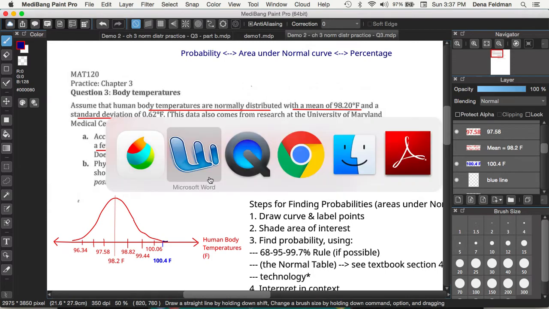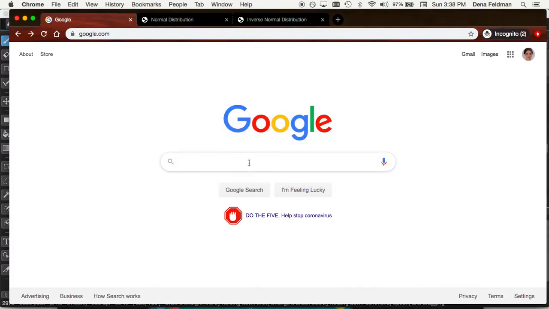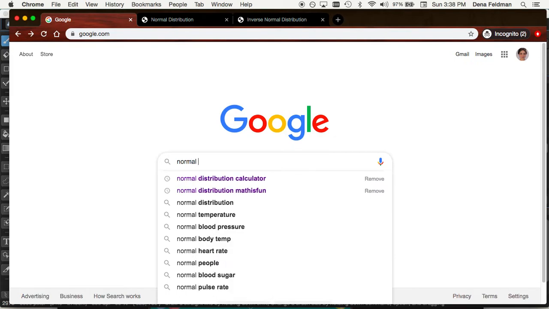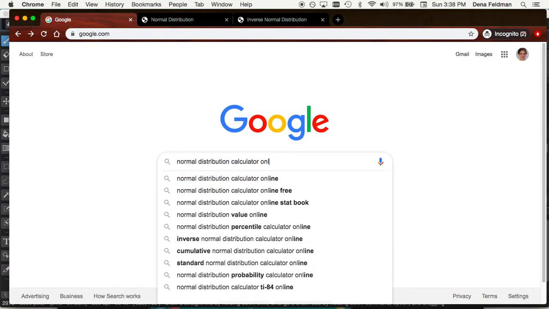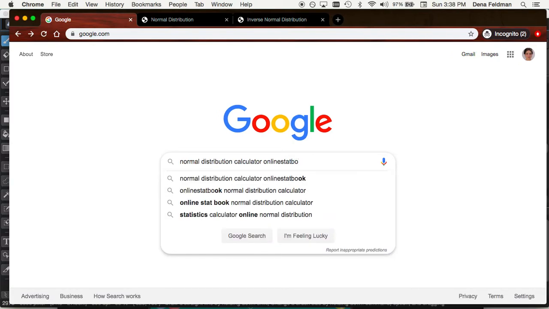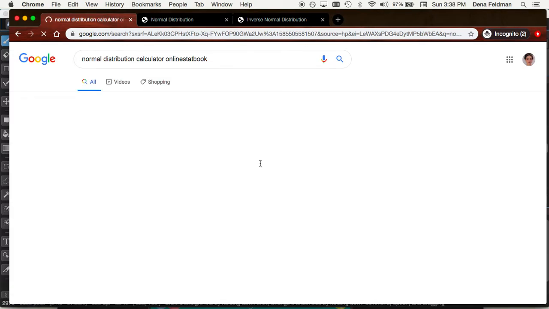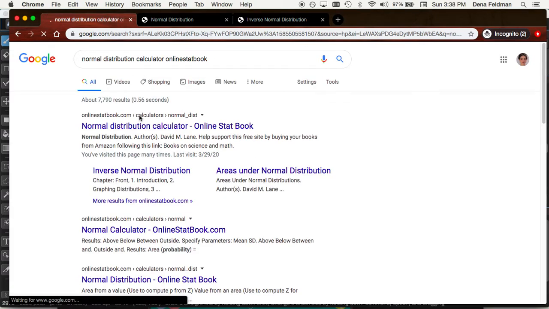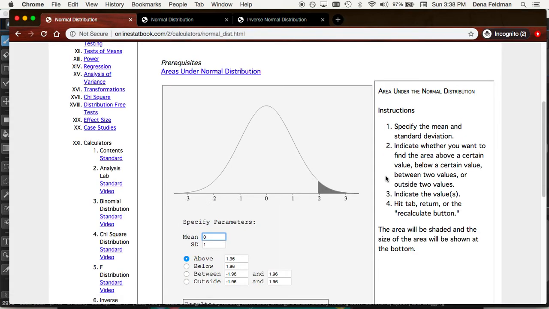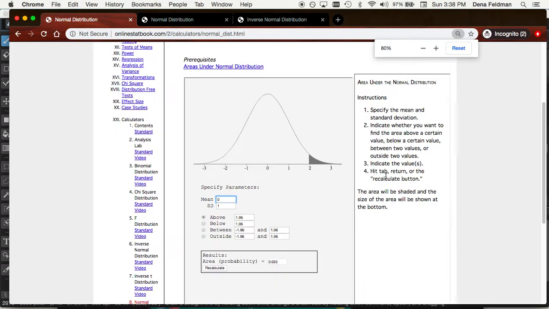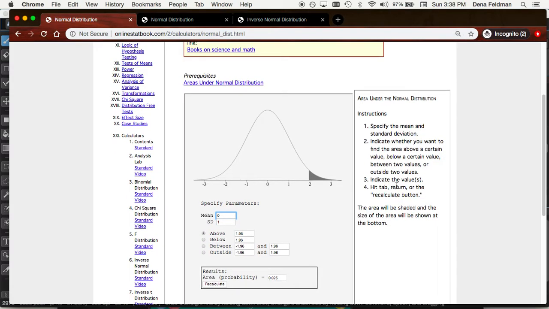To do that, I go to a new window for the internet and type in normal distribution calculator. You can also search normal distribution calculator by online stat book, or if you are following from my class, there is a link to that page on my RCC. Once you type that in, the first link will be an example for what we are used to looking at in our class, and this layout is familiar.